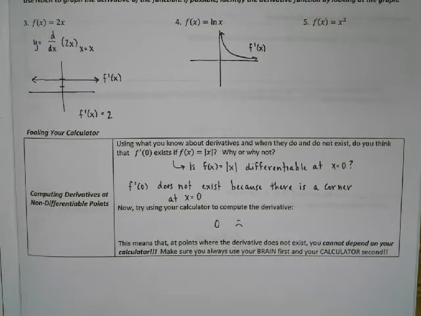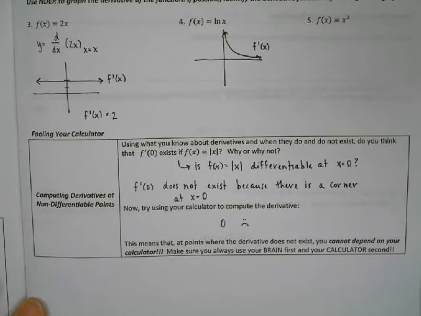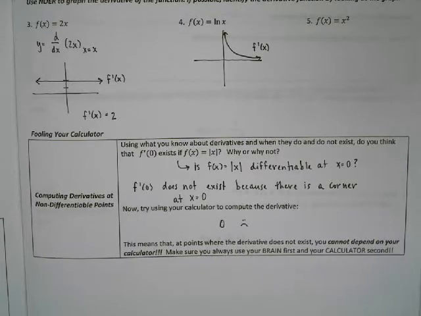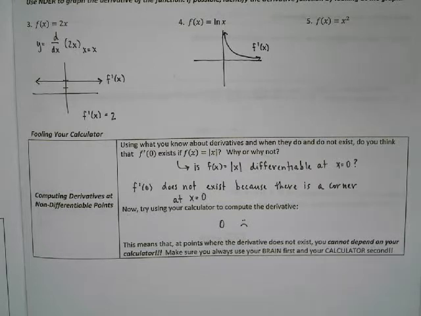So the big takeaway here is to make sure you use your brain first and your calculator second. Just because your calculator says it is 0 does not, unfortunately, mean that it's true. We first have to take into account the characteristics of that function that we already know from the behavior of the graph. So that's just a bit of a word of caution there.